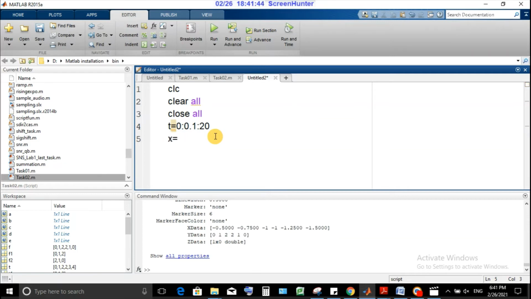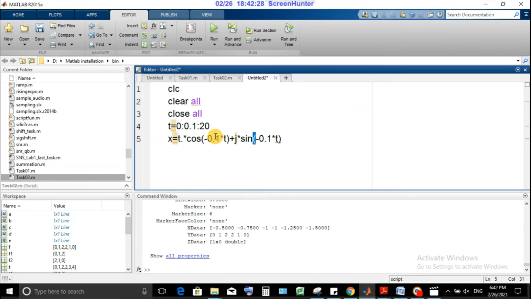X is equal to t dot asterisk cos of minus 0.1 into t plus j into sine minus 0.1 into t.